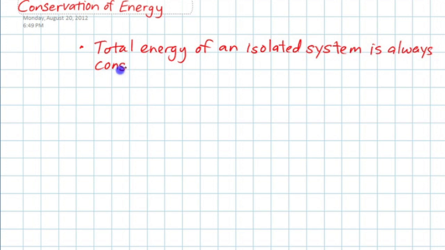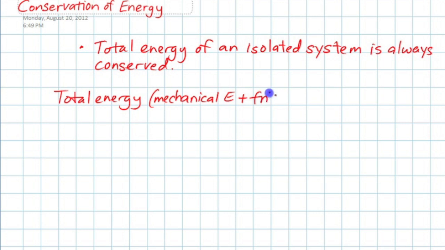Okay, so let's break that down. What does that mean? First of all, total energy. When we talk about total energy, we're usually just talking about mechanical energy, but that can also include energy lost to friction in the form of heat. Now, when we actually do things with conservation of energy, we're only going to be looking at mechanical energy.